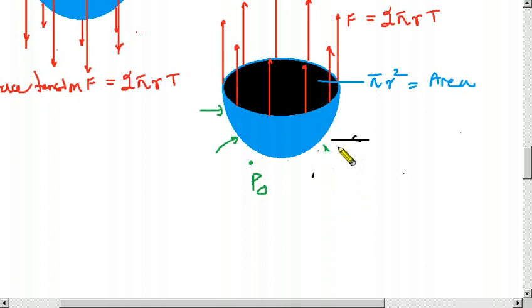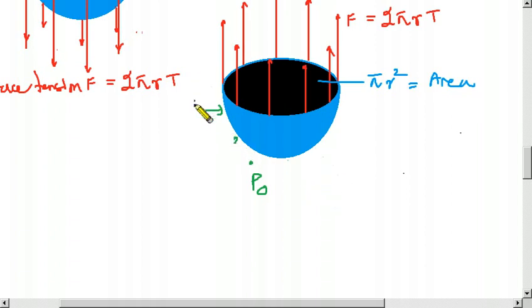So these horizontal components cancel each other, because from here also there is a horizontal force like that. So they cancel, only the vertical components are remaining here.